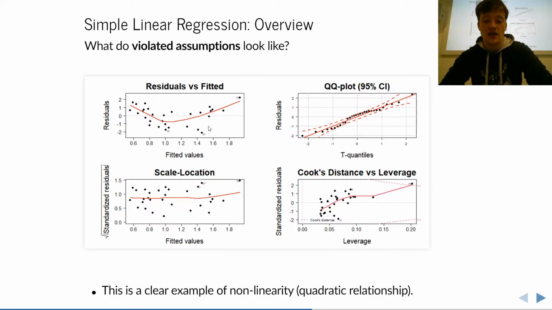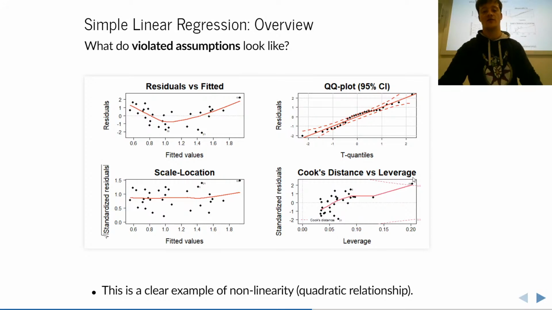So this is an example of non-linearity, but the problem is, if you fit a linear model and would only look at this plot, this number 19, also very small, sorry, that's the observation all the way over here, is also this one. It's just the observation that is the furthest away from your model. There's always going to be one observation that is the furthest away, right? So it's kind of hard to see what's going on if you only look at one plot.